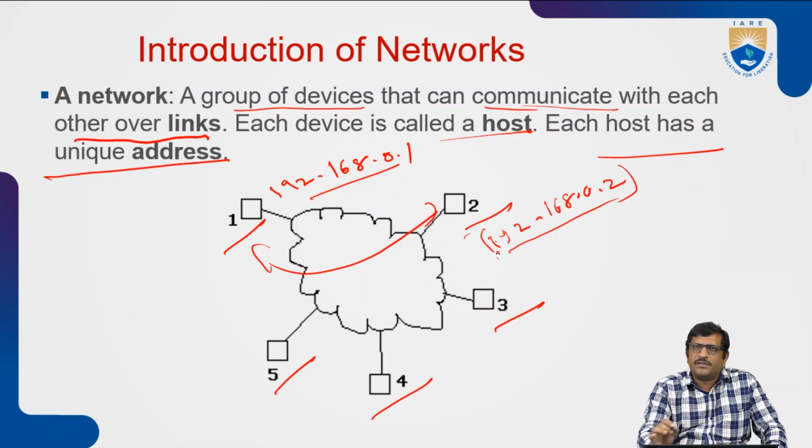With the help of this IP address only, the link can be established between the two computing devices, providing communication over the network. So simply, a network is a group of devices or a connection of devices over the internet.